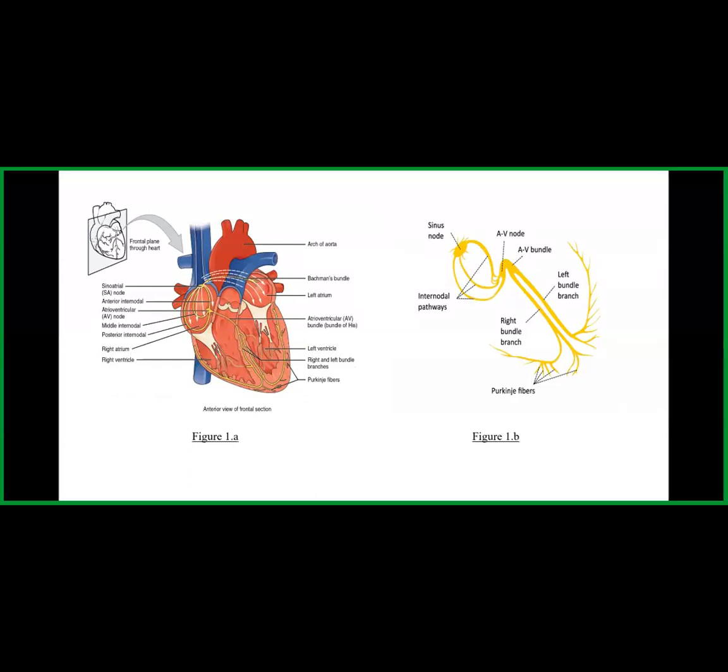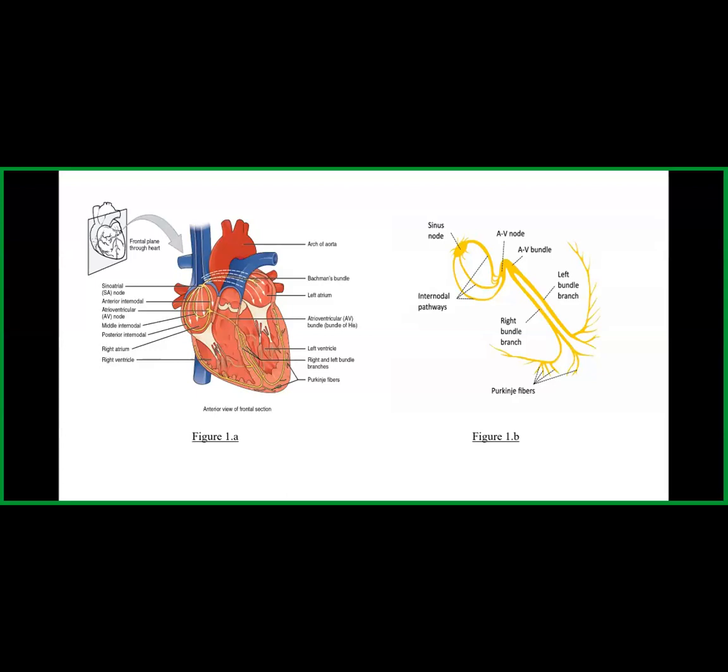It's responsible for initiating the impulses that will travel through this system. It is a group of cells found high up in the right atrium, as we can see in figure 1A, close to its junction with the superior vena cava.